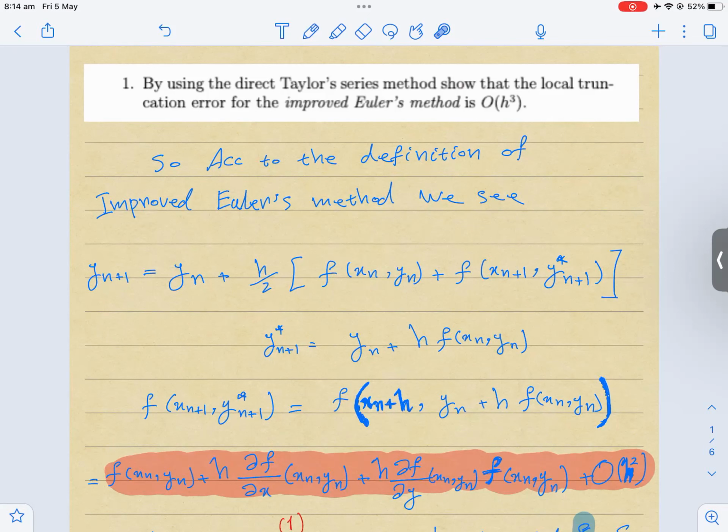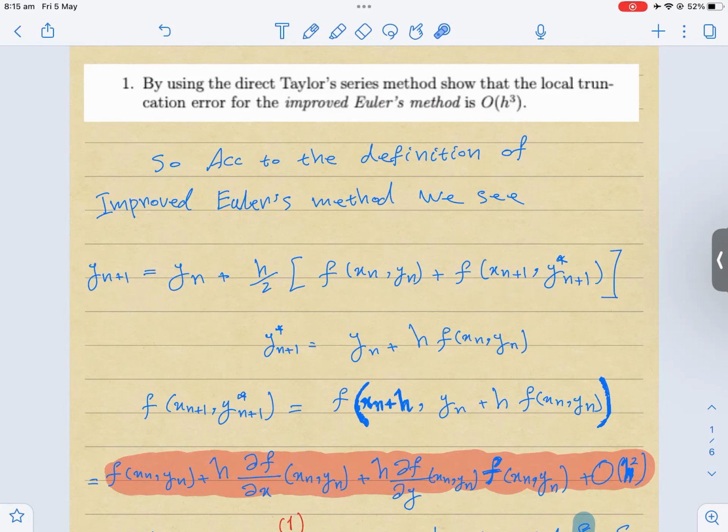So here is k1 in the SageMath. And here, this term, f(x_{n+1}, y_{n+1}*), is actually k2.